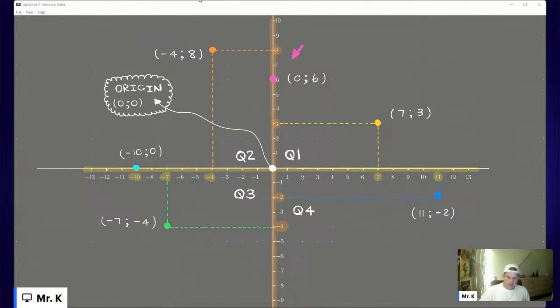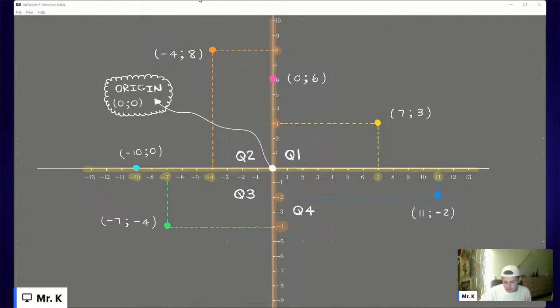Now, when we were talking about the first 4 points that we did, we spoke about the yellow, orange, green, and blue points. Each of these dots are sitting in their own coordinates. We can see that our yellow dot is sitting in quadrant 1, our orange dot is sitting in quadrant 2, the green in quadrant 3, and the blue in quadrant 4.